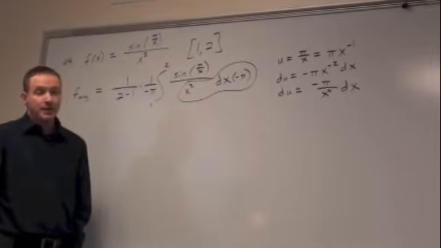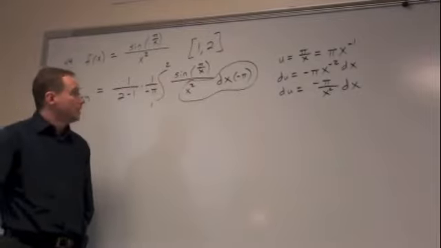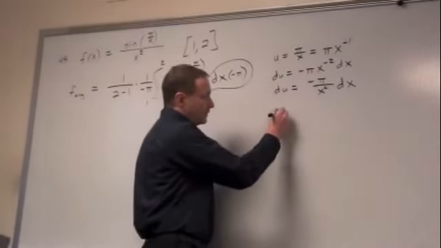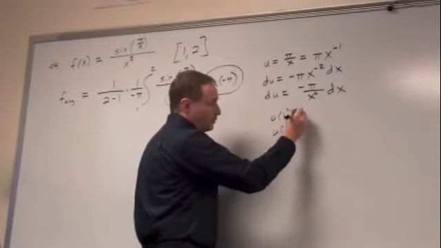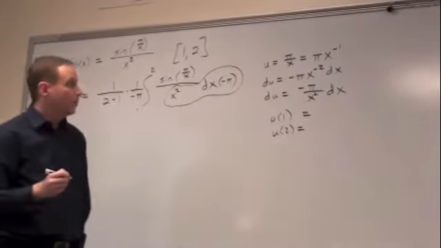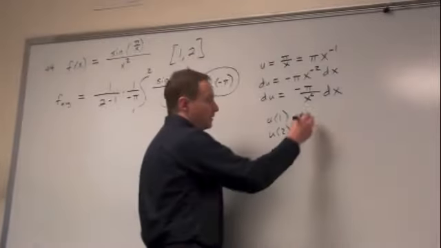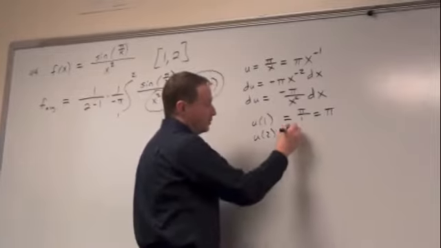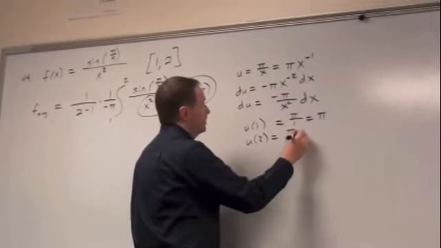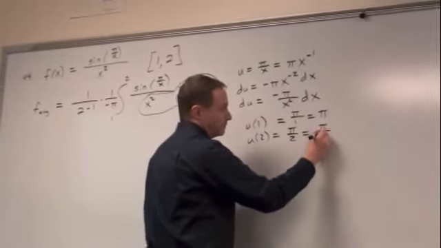At the same time, I'll change the limits of integration. The previous limits of integration were 1 to 2. I need to evaluate u of 1 and u of 2. u of 1 becomes pi over 1, obviously that's still pi. u of 2, pi over 2, that's what it is.